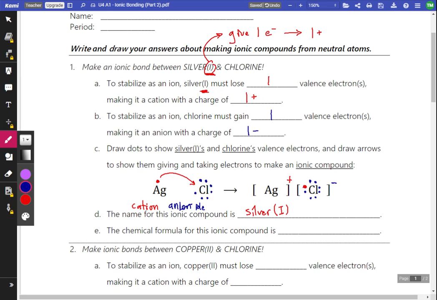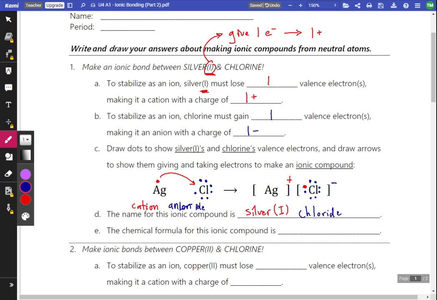Okay, so we've got silver 1 chloride. That is the name of this ionic compound. That way, if someone were to take this name, they could figure out what it was made of. They could figure out this structure here. All right?